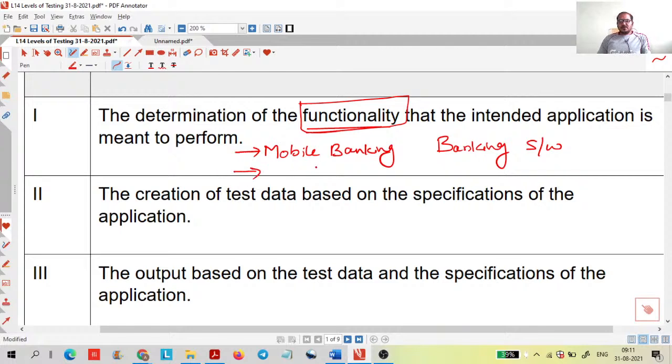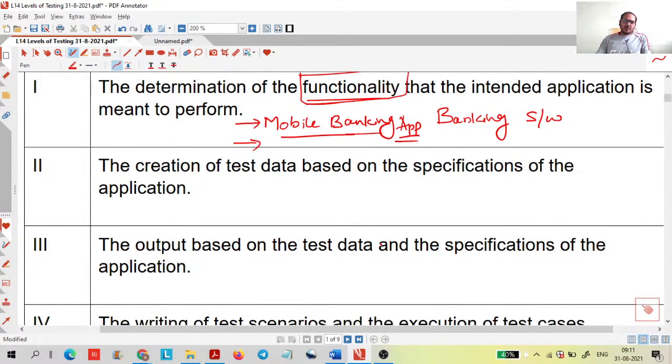Their features and all, the login through the mobile, the access, the transactions and all through the mobile banking app. At the present day, we all prefer it.